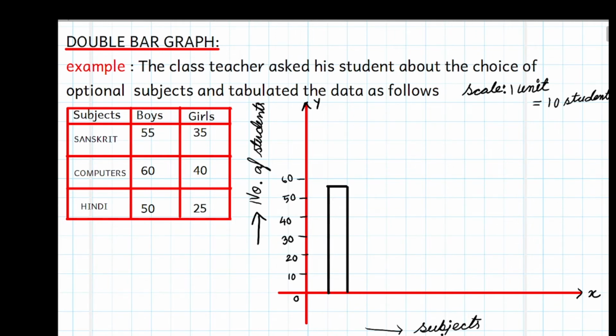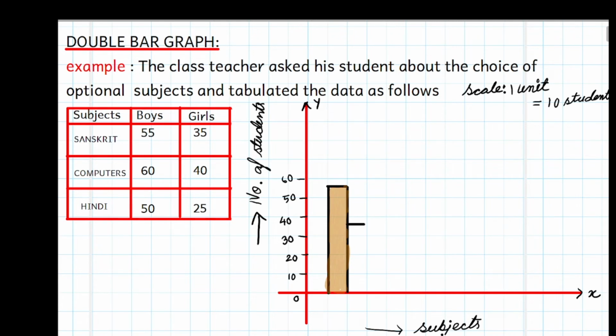And for boys, suppose I am doing like that, I have given yellow color for boys. Next, for girls, it is 35. So in between 30 and 40.